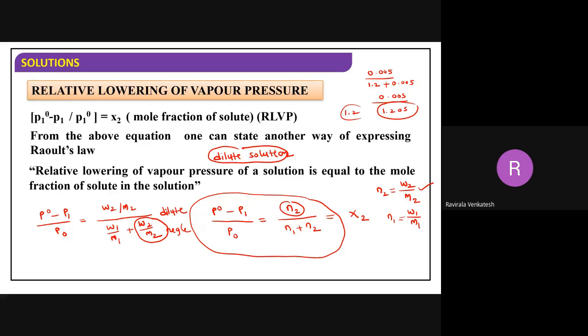Now in this case, what formula can we write? P naught minus P1 divided by P naught is equal to N2 by N1. N2 and N1 we already know, so finally I am writing this formula: P naught minus P1 by P naught is equal to W2 by M2, weight of the solute by molar mass of the solute, into M1 by W1, molar mass of the solvent by weight of the solvent.